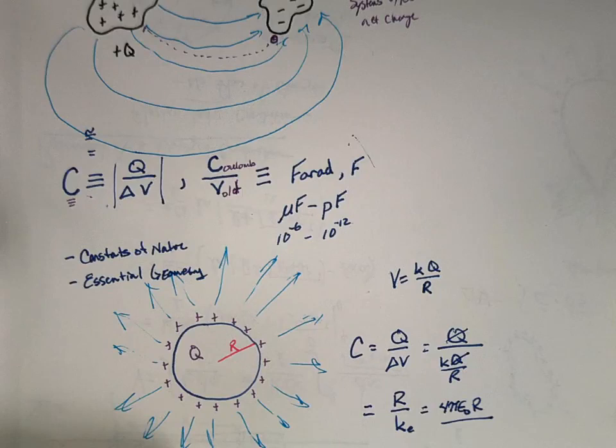So the capacitance of a charged sphere is 4 pi epsilon naught R, and it doesn't matter what the charge on it is. All right. Now, that's for a sphere.